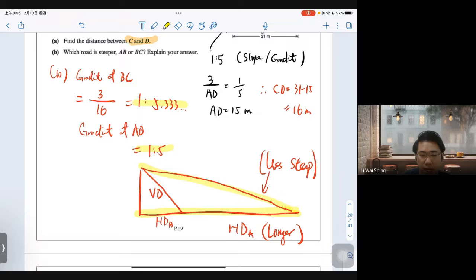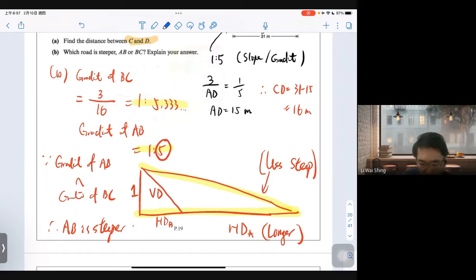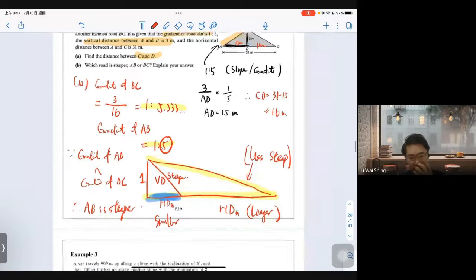The bigger the number after the 1, the less steep it is. So when the number is smaller, just like Desmond said, since the gradient of AB is greater than the gradient of BC, you know that AB is steeper. They are all 1 to something, the smaller the number, the steeper. All right, so you know that AB is steeper.